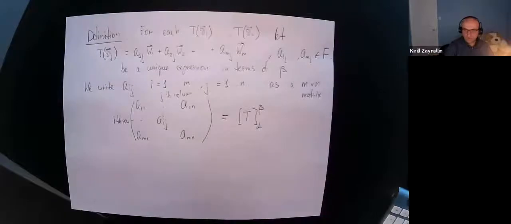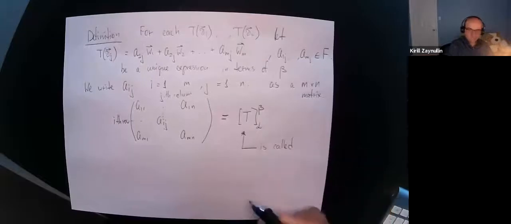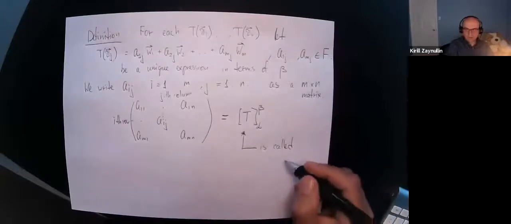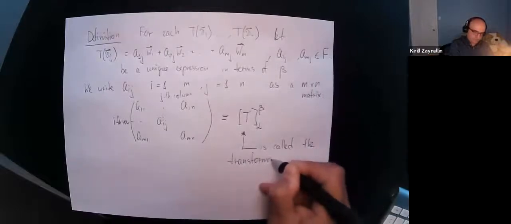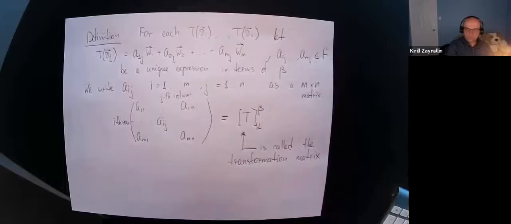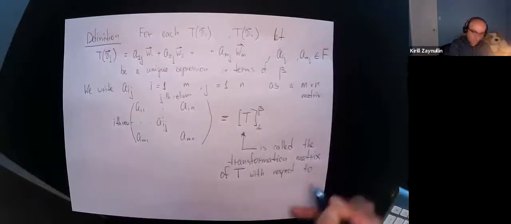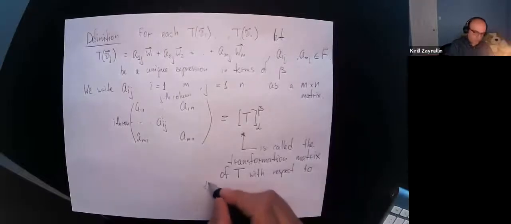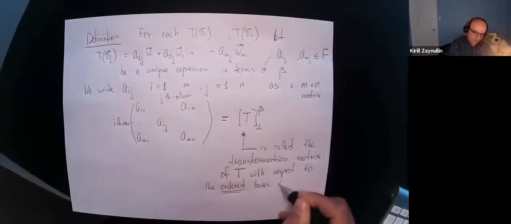So this m by n matrix is called the transformation matrix of the linear transformation T with respect to the ordered bases alpha and beta.